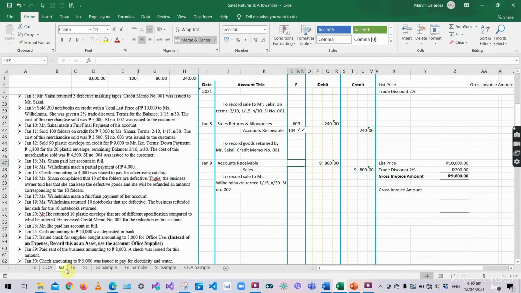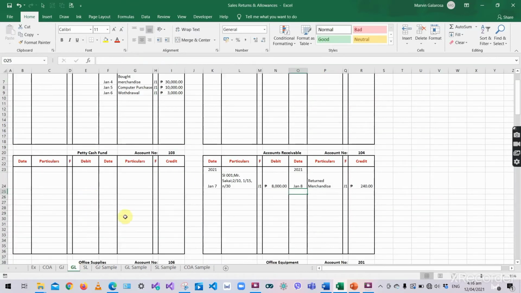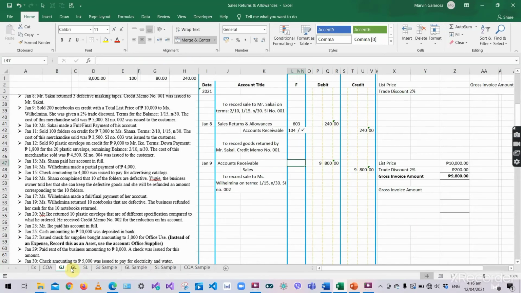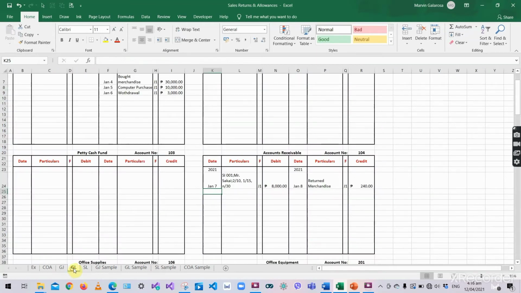Then, post natin siya sa General Ledger. Accounts receivable sa debit side, January 9. SI 002. Miss Wilhelmina.